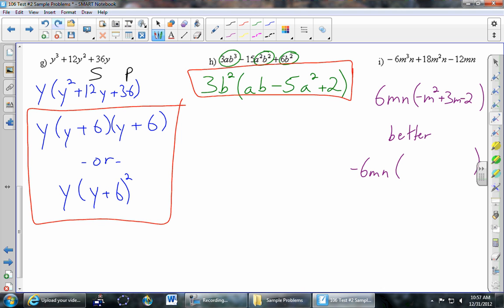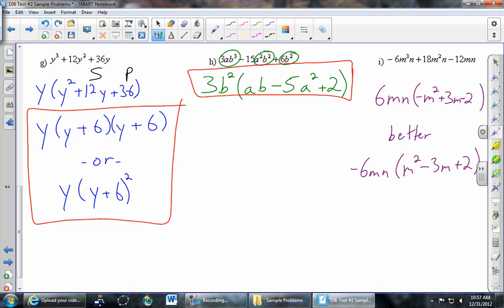All that's going to do is change all the signs in the parentheses: m squared minus 3m plus 2. Pulling a negative sign outside changes all the signs inside. If you're not convinced, go ahead and distribute it to all three terms and make sure you get exactly what we started with.